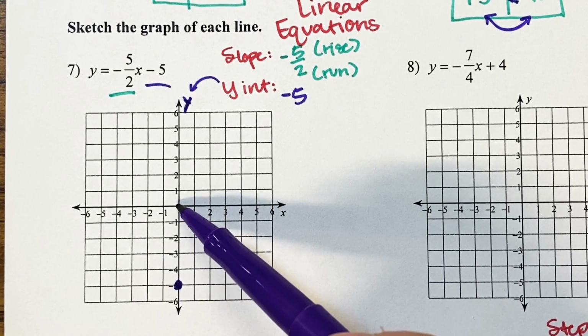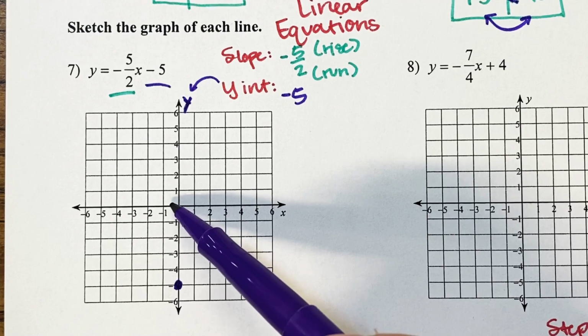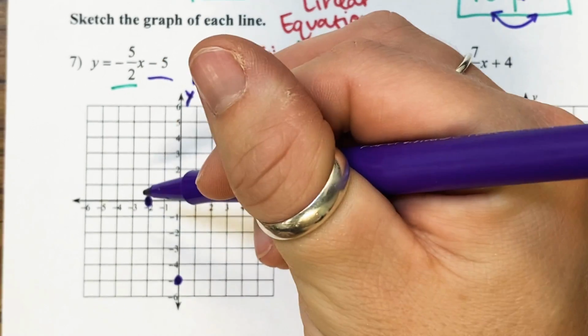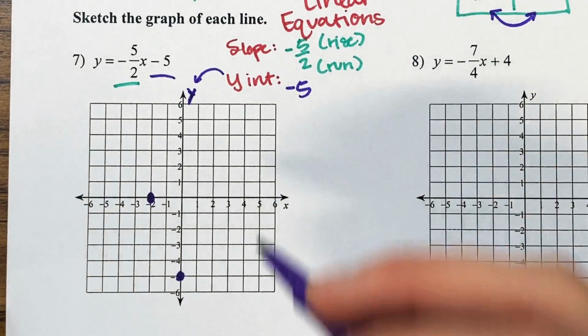We still need to run 2. To make sure my line is going down and to the right, you need to go backwards 2. 1, 2. There we go.